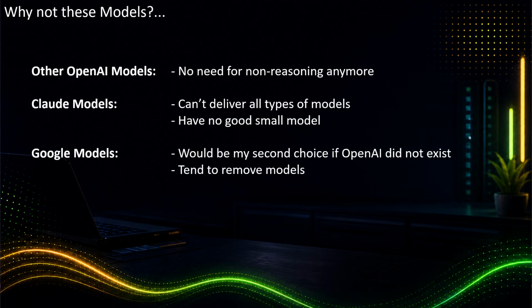They have a tendency to remove models, so a model like 3.0 doesn't exist anymore. You can't even hit it. You can of course switch, but it's not cool that you need to constantly go in and check, while you can use most of the OpenAI models from way back earlier than that.